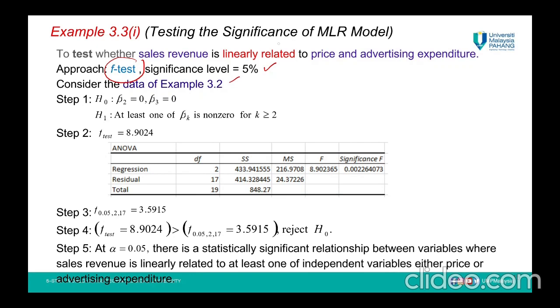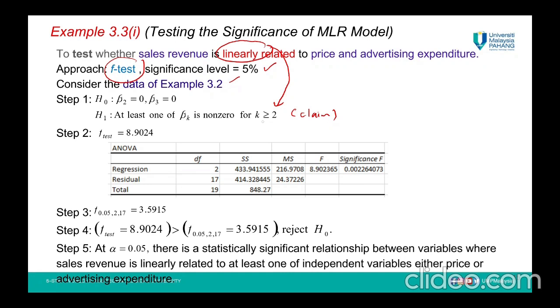Step 1 is to construct the hypothesis. Since we want to test the linear relationship between the variables, this is referred to this statement, where this is the claim. This statement represents that at least one of the independent variables is related to y.